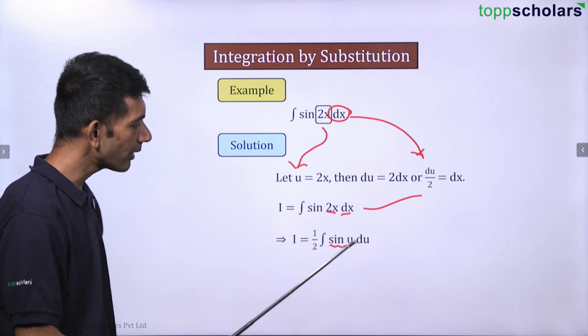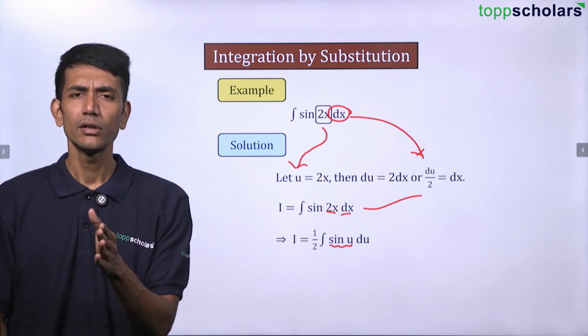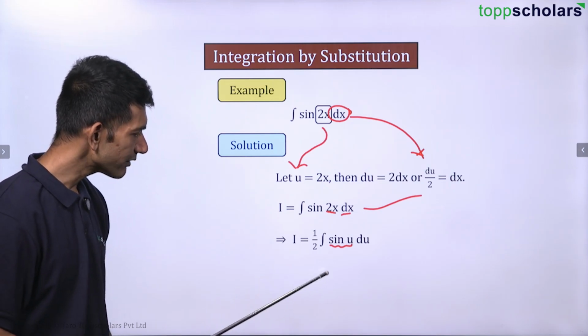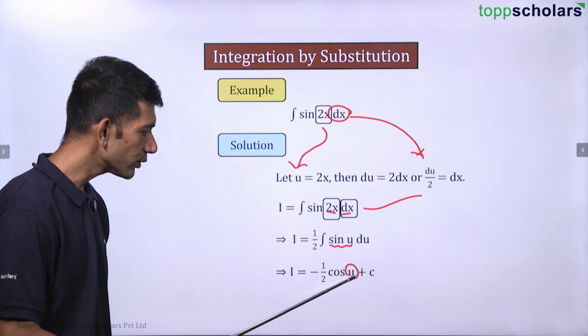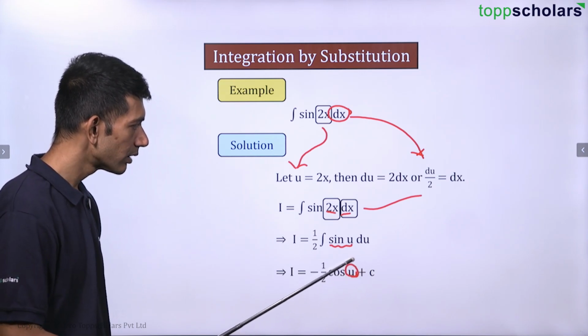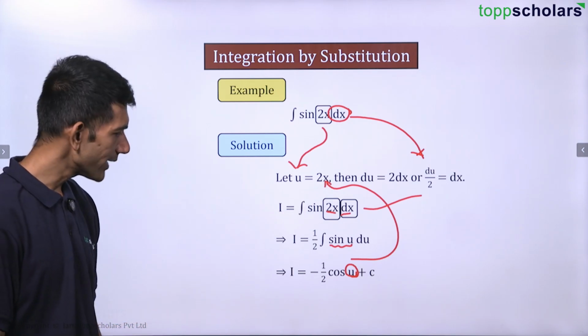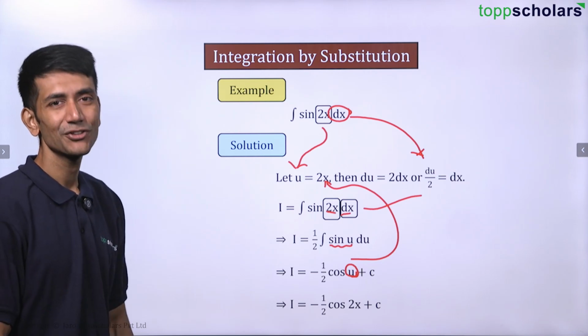Now you know the formula for sine u, right? Integration of sine u is minus cos u. So this becomes 1 by 2 times minus cos u plus c, right? And then again you need to replace u with what? With 2x. So minus 1 by 2 cos 2x plus c, right? That's it. And that is your final answer.